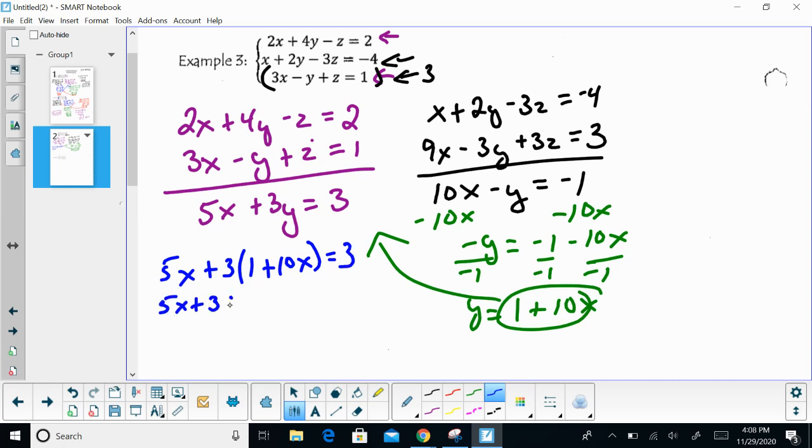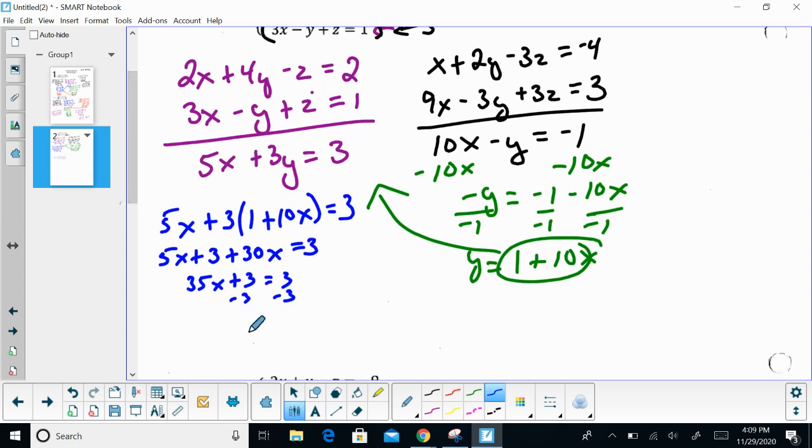Simplifying that out, 5 plus 30 is 35x. x equals 0. And we've got x equals 0.